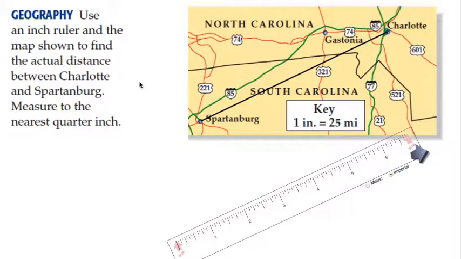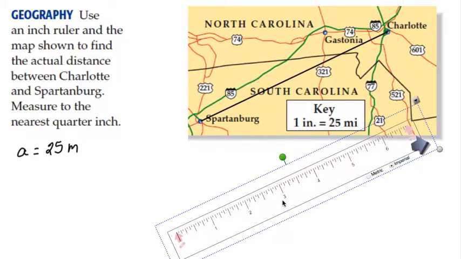Here's another geography example. It says use an inch ruler and the map shown to find the actual distance between Charlotte and Spartanburg and measure to the nearest quarter inch. So first of all, let me go ahead and write our equation for this one. And just like the last one, we'll say the actual distance is equal to, now in this one we have 25 miles per inch. So we're going to say 25 times whatever we measure, m, the measured unit.